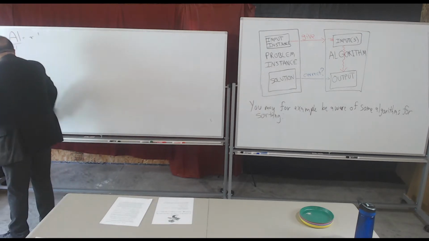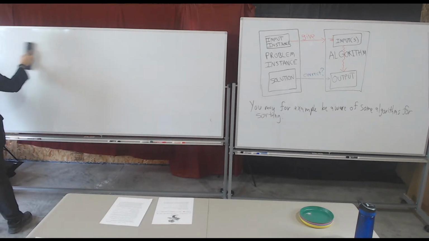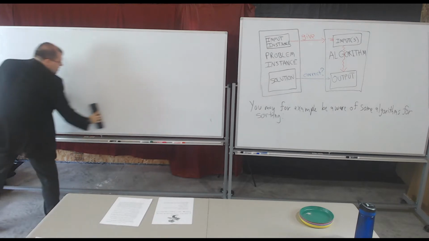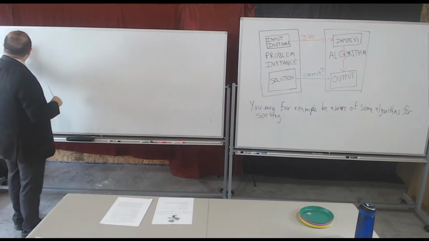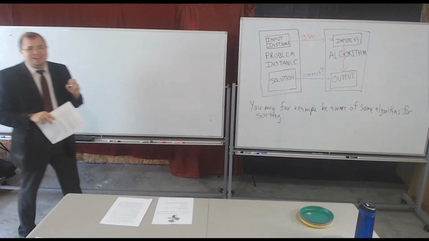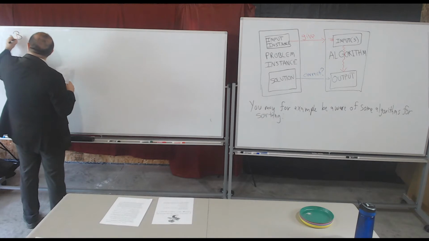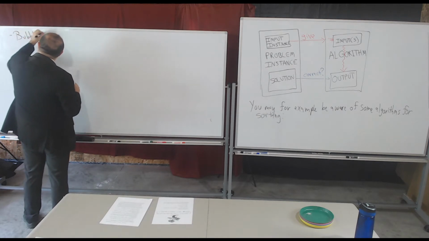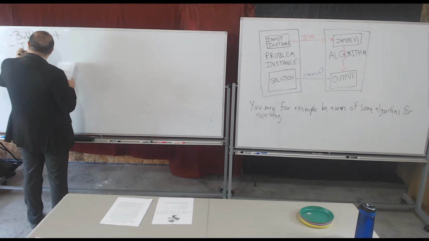I want you to think about that while I'm erasing this. Okay, so let's think about some examples. I'm just going to rattle off a fun list of these. Let's just think of the first one you could think of, like bubble sort. There's bubble sort. You may know of insertion sort.